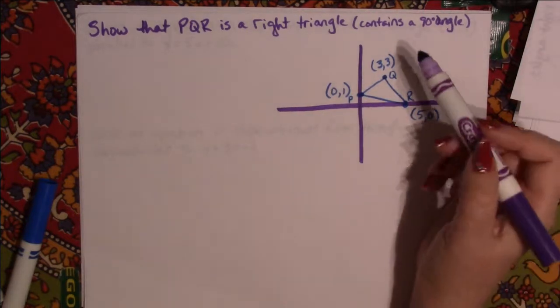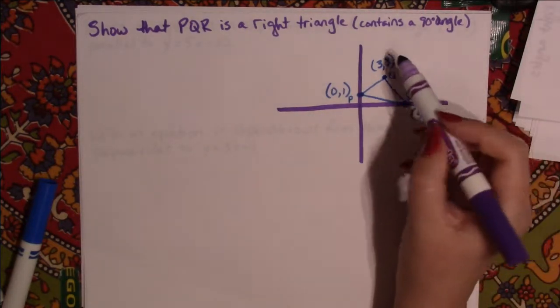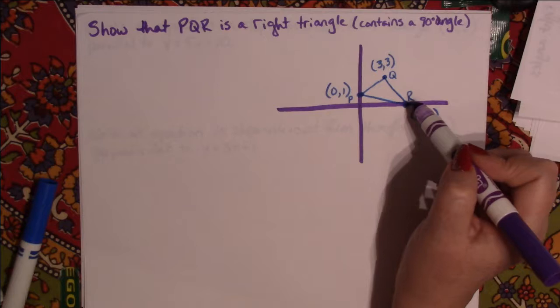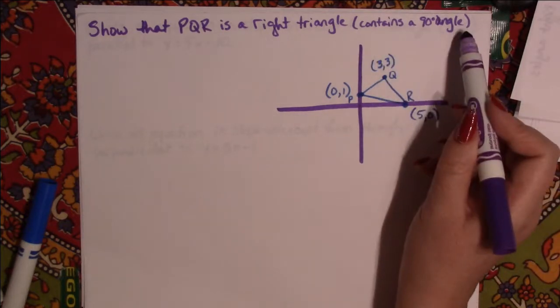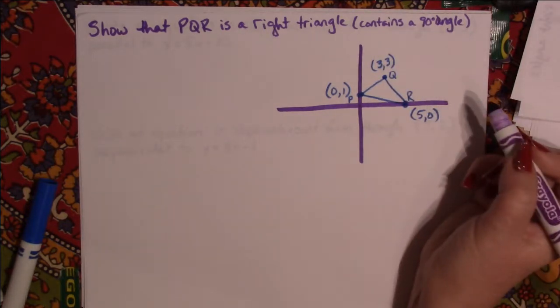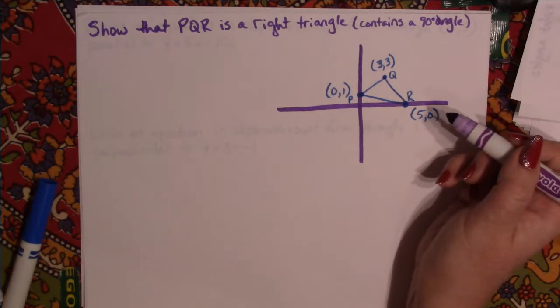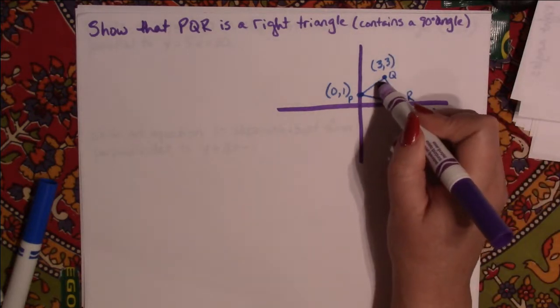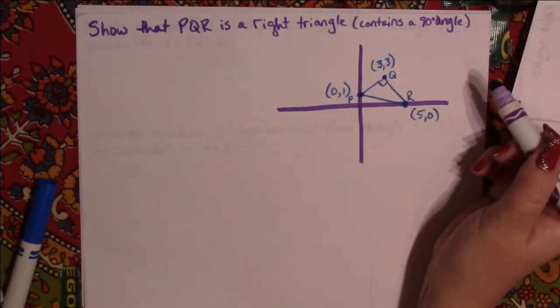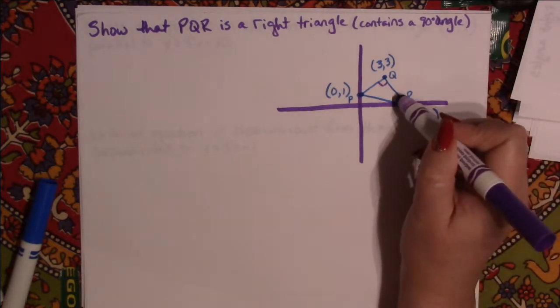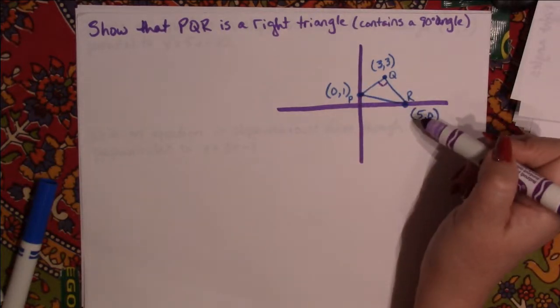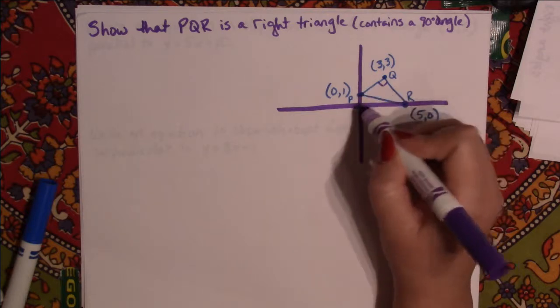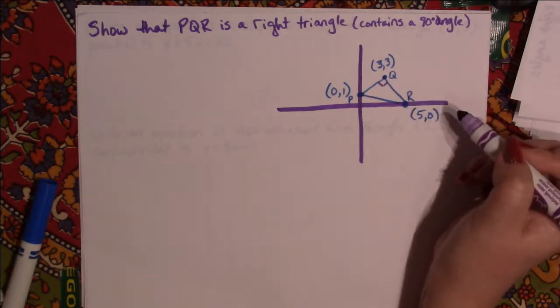The next thing they're going to ask us to do is to show that triangle PQR is a right triangle, which means it contains a 90-degree angle. And the first thing I would urge you to do is look and find which one you think is the 90-degree angle. That one looks more like a 90-degree angle than either of the other two. Because what you need to do is pick the two that you want to compare the slope to.